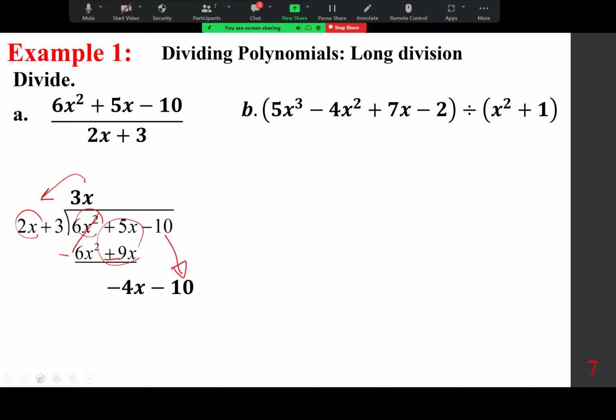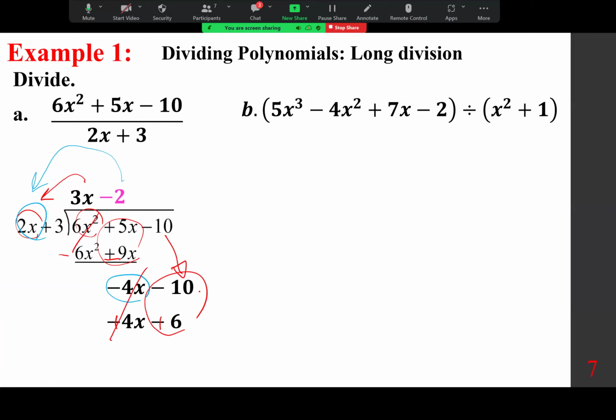We are going to divide the first term by the first term. Negative 4x divided by positive 2x results in negative 2. And now we're going to multiply the negative 2 by 2x plus 3. We get minus 4x minus 6. And we are going to subtract. Therefore, you can change the sign and add them up.